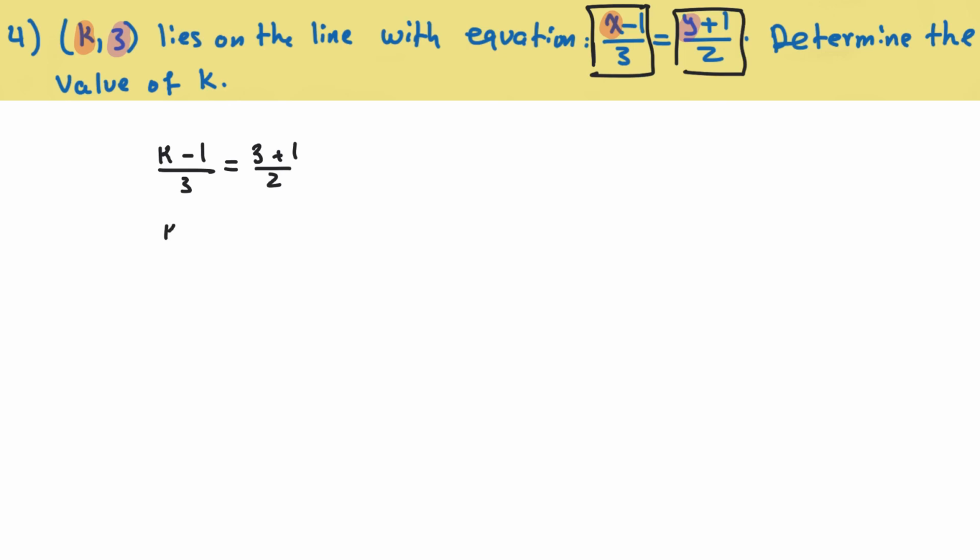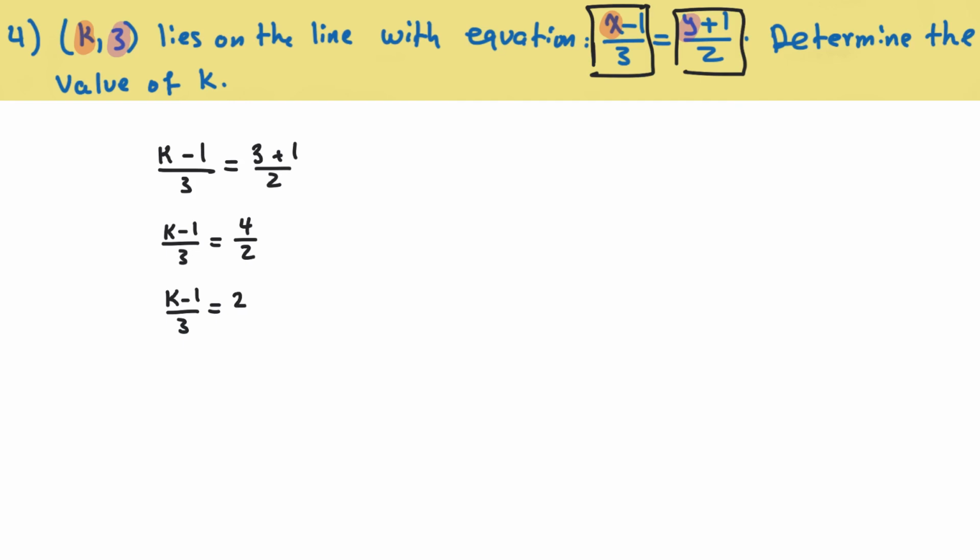This follows that k minus 1 over 3 is equal to, on the right hand side, the numerator is going to be 3 plus 1, which is 4 over 2. K minus 1 over 3 is going to equal 4 over 2, which is 2.